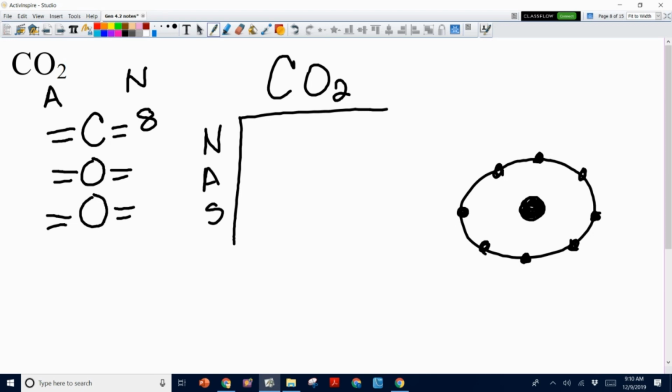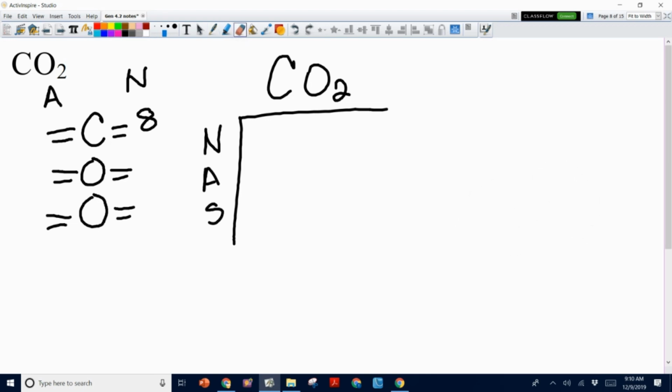So that's 8. Now remember what I said a moment ago. Every element except for hydrogen needs to have 8 electrons to have a full valence shell. So oxygen needs 8, and that oxygen needs 8. So if we're going to have all the electrons that we need for every one of those elements to have a full valence shell, we're going to need 24 electrons.